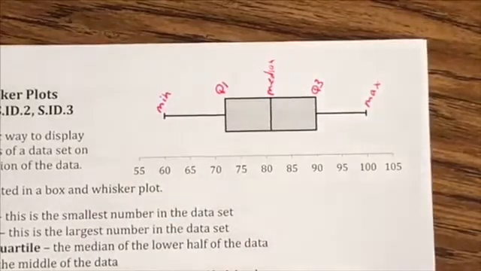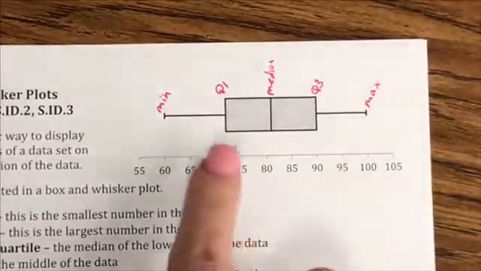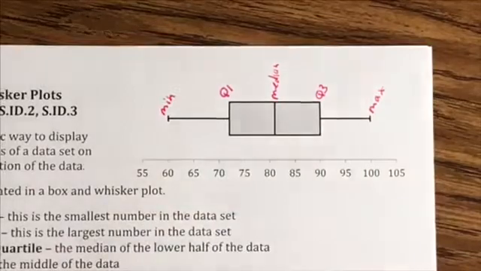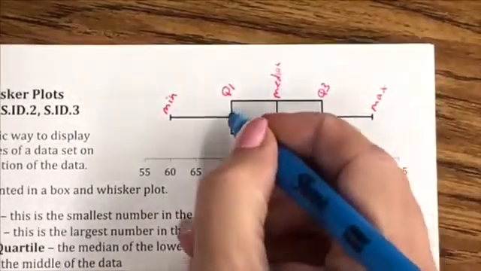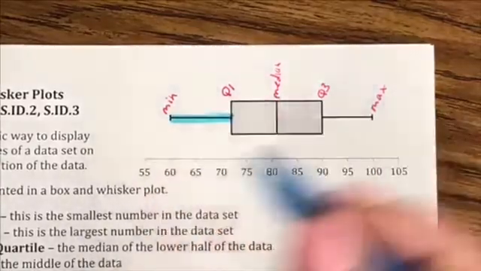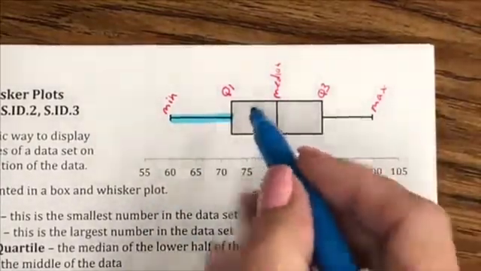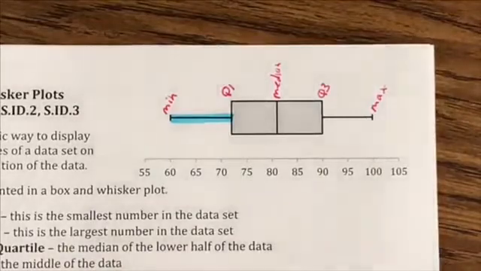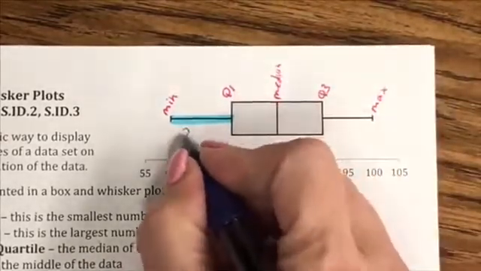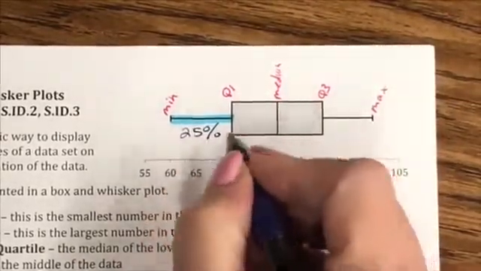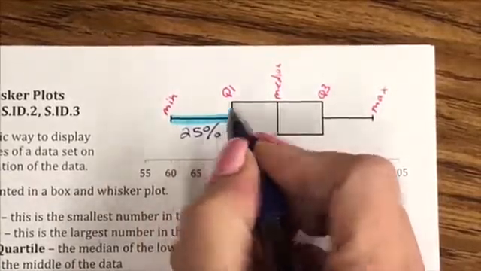Okay? Now, you'll see this is divided into quarters, into fourths. So the left-hand side right here, this is the lower fourth, or 25% of our data. So this is the lower 25% of our data. Our 25% of our data is represented on this left whisker.